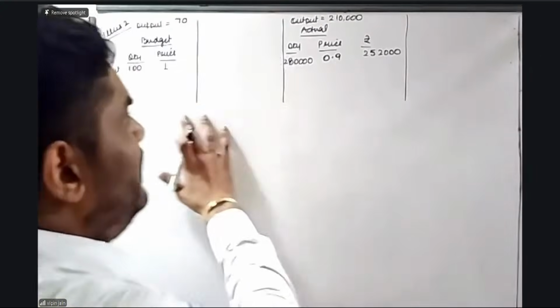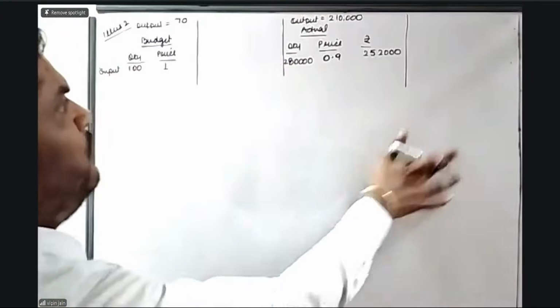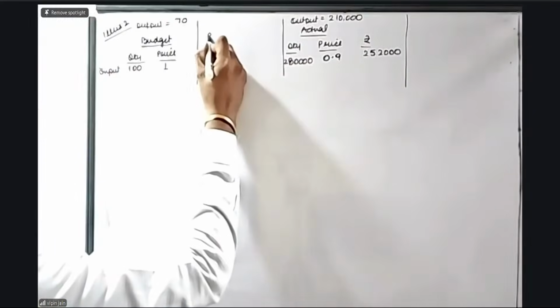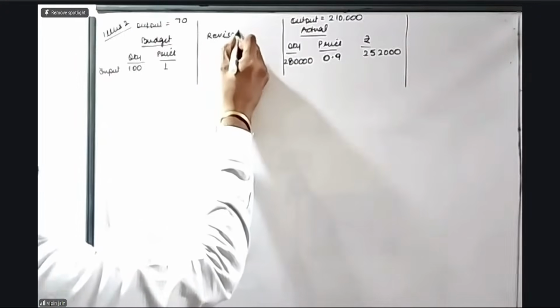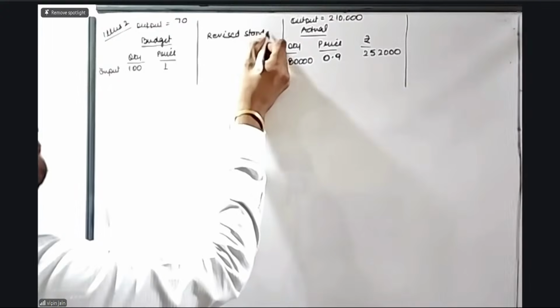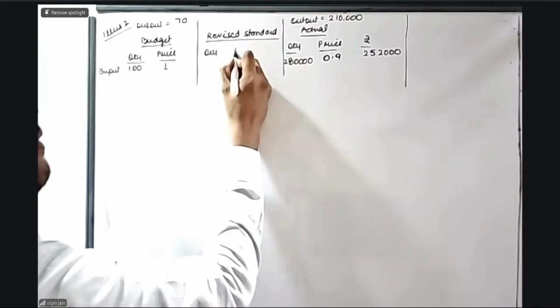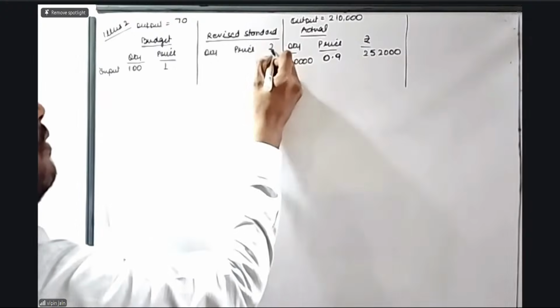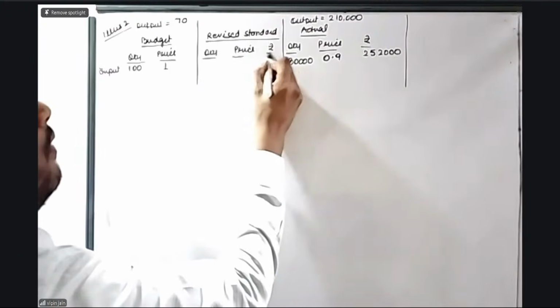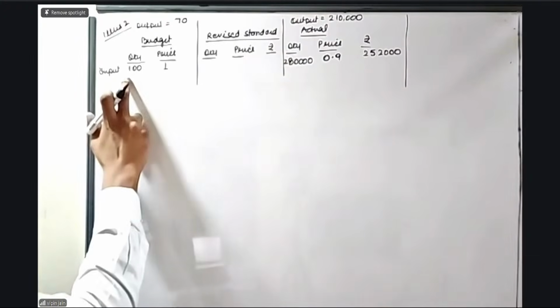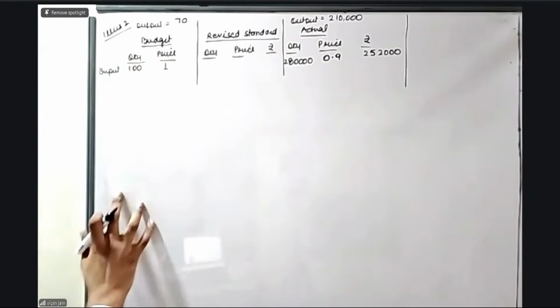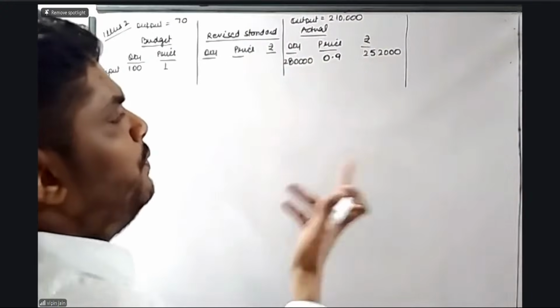So see, these two figures are not comparable. So we have to make them comparable. So we have to prepare a revised standard. So 100 kgs for 70 output. So for 2,10,000 output, how much?